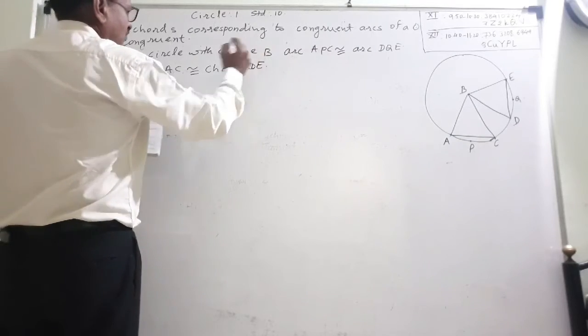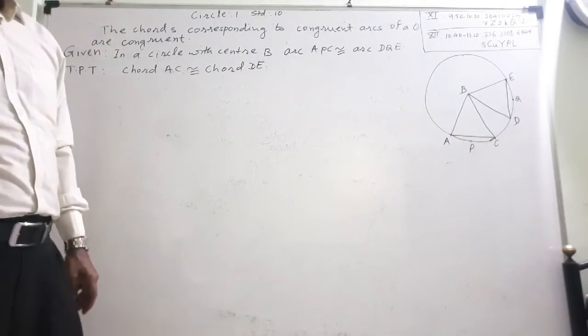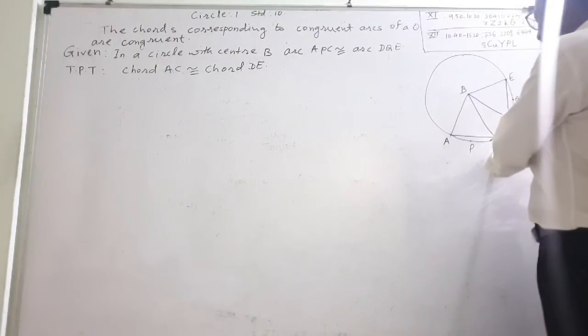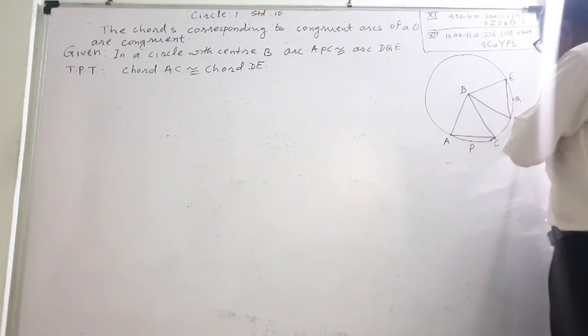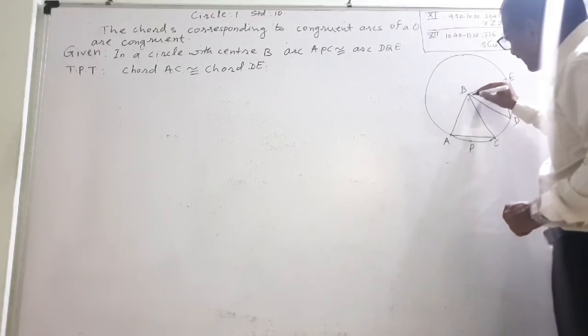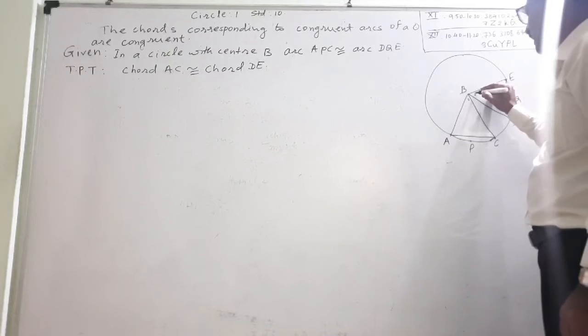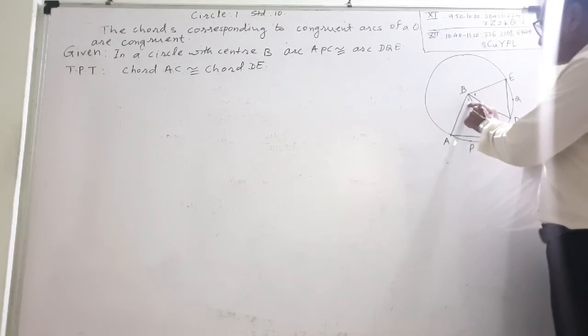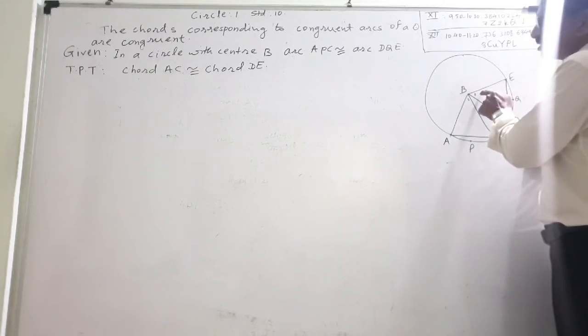This I have to prove. So in this, what is this? Measure of this arc APC is equal to measure of this arc DQE. That means this angle and this angle are equal. If the measure of this arc is 60 degree, means this angle is 60 degree. This is congruent, so this is also 60 degree.